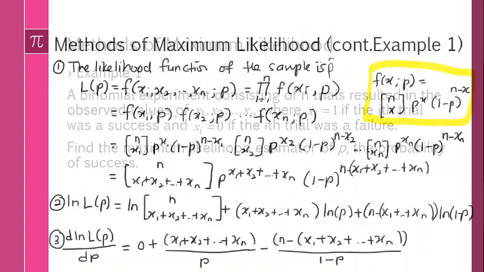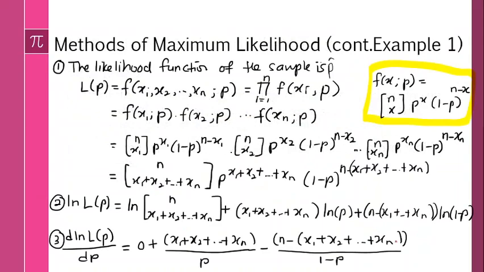As you can see here, the first step is to find the likelihood function for the sample. In this case, we want to estimate p, the probability of success. So based on the definition, the likelihood function of p, where p is the estimator, is equal to the function of x1 until xn with parameter p, based on definition 1.